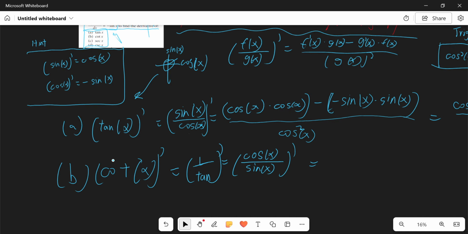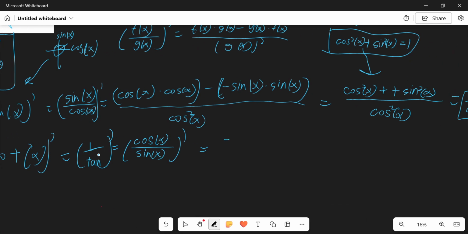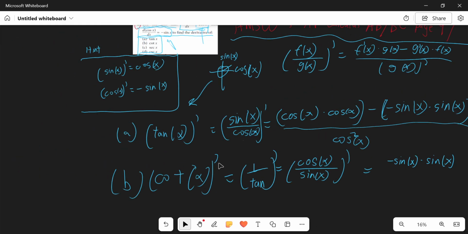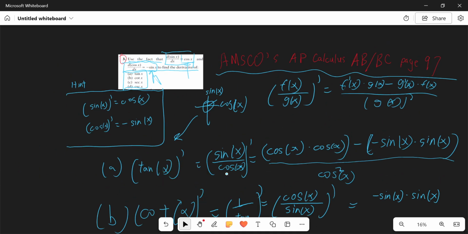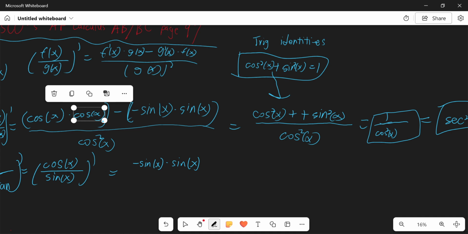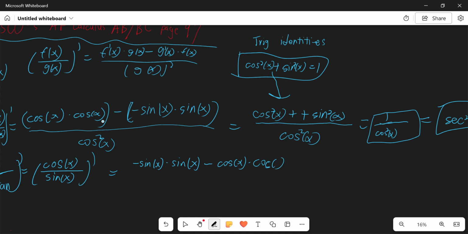We will be using the quotient rule yet again. Make it negative sine x multiplied by sine x, as the problem states, and minus cosine x multiplied by cosine x. This one's the same thing. We will simplify this.